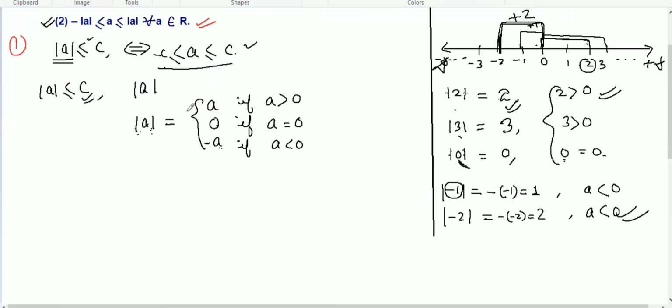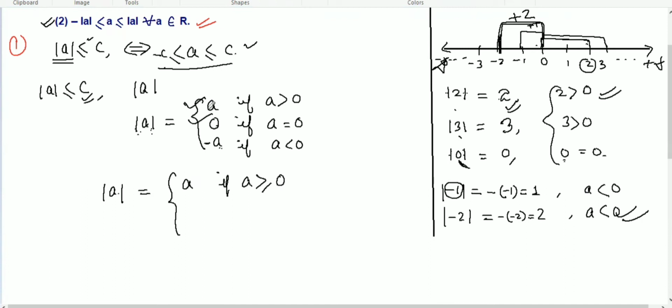Combining these two, as you will always see in a book, the absolute value of A is equal to A if A is greater than or equal to 0.